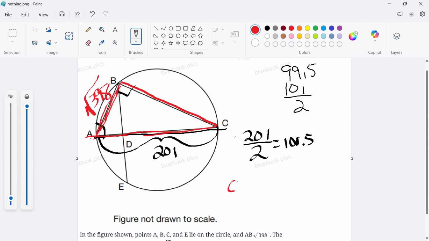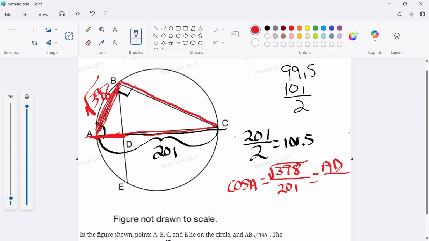So the cosine of angle A equals square root 398 divided by the hypotenuse of the big triangle, 201. In the little triangle, it would be adjacent to the short side equals AD divided by the hypotenuse.